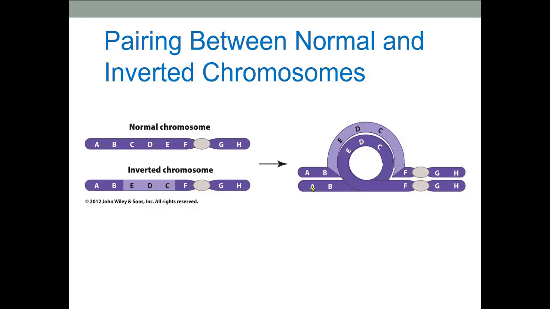The bottom one can form a loop like this and still get the proper pairing. Notice that bottom one, A, B, C, D, E, F, G, H in order, but forming a loop. So they can still pair, they can still propagate. Meiosis and mitosis can carry on. And in fact, inversions are not altogether uncommon in the general population. It's just a matter of what got inverted and exactly where as to what the effect might be.